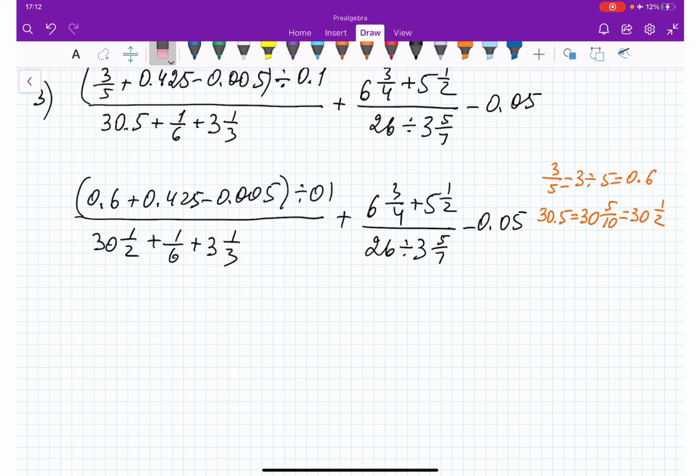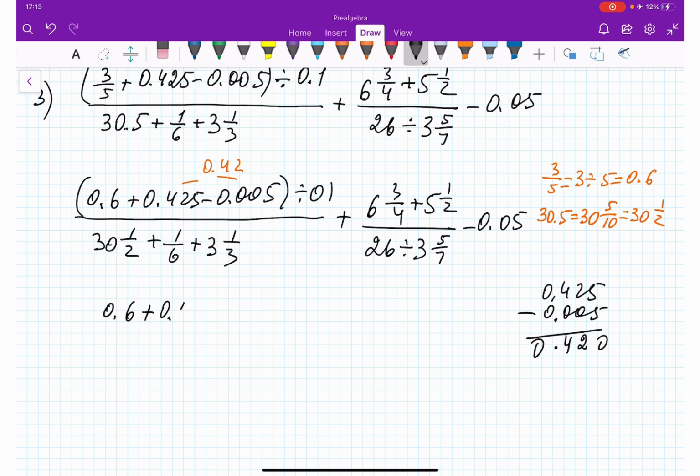I'm going to write down 0.6 plus 0.425 minus 0.005, and I'm getting 0.420. So this is getting 0.42. So here I'm writing 0.6 plus 0.42 divided by 0.1.